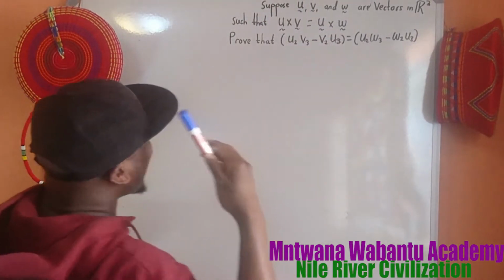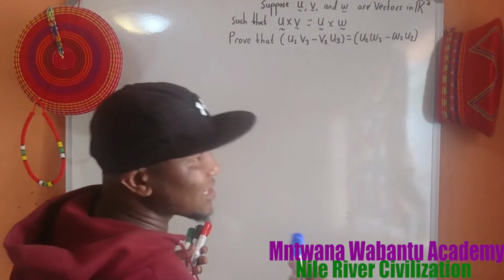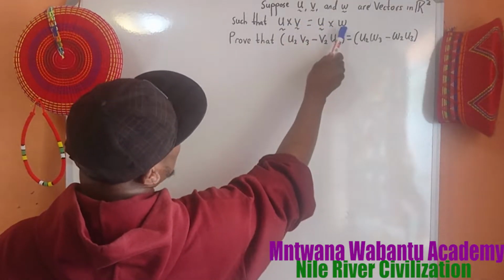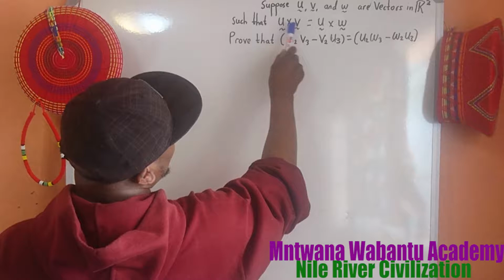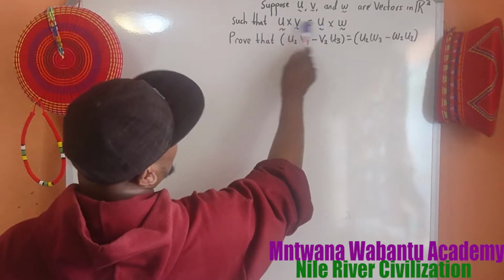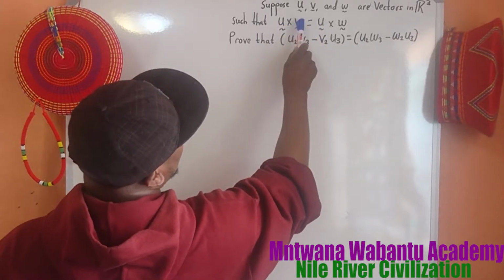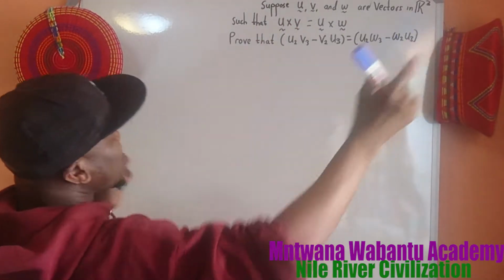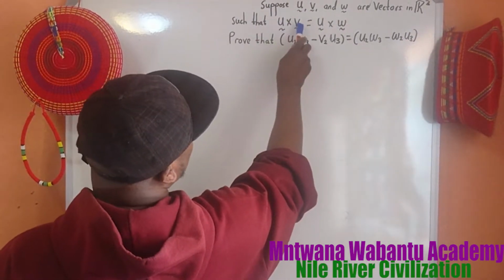Let's use grade 1 logic. For u cross v and u cross w to be equal, since the value of u is the same, v and w have to be equal on the left hand side and right hand side.